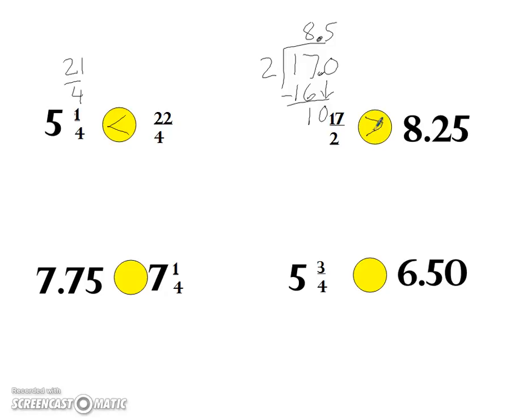Over here, there's not a lot of calculating to do. 1/4 is the same as 0.25, so I got 7.75 and 7.25. And then over here, before I even start calculating stuff out, just check out the whole number. I got a 6 in the whole number against a 5 in the whole number. So 6 is going to be bigger than 5.